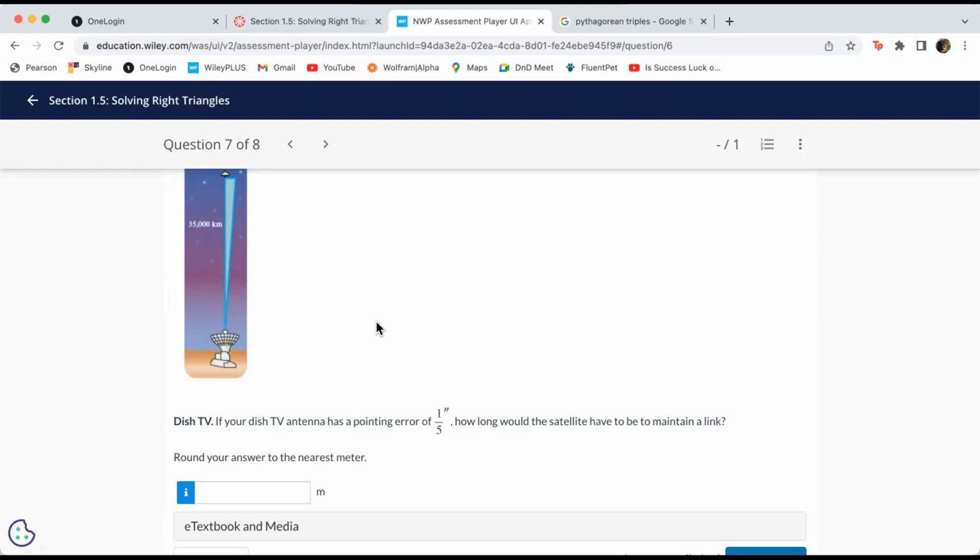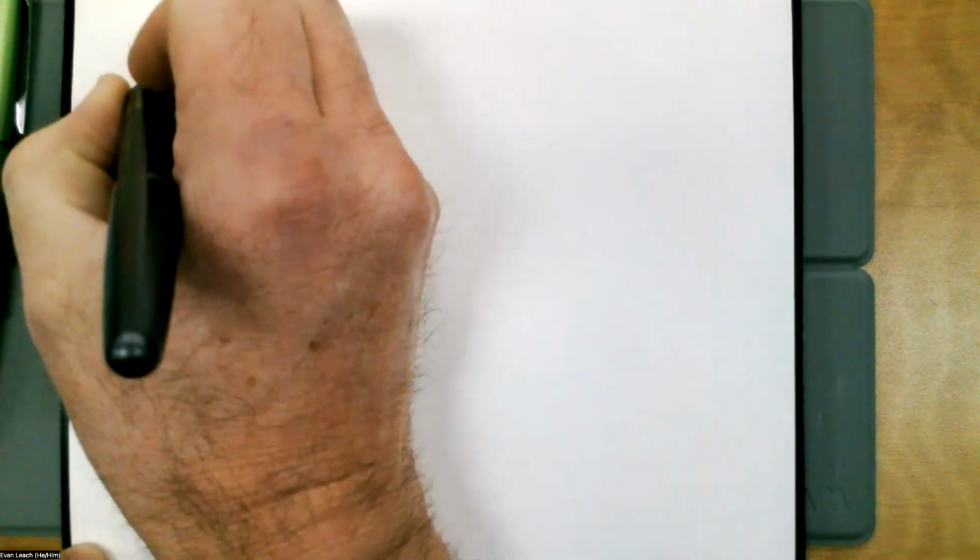It's all the same. So in this problem, your Dish TV antenna has a pointing error of some fraction of a second, 1/5 of a second. So the first thing that we have to deal with, so this is 1.5, problem number 7.